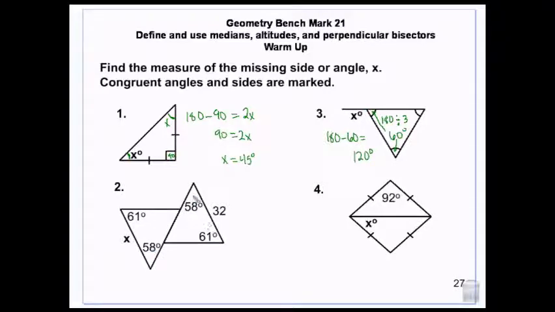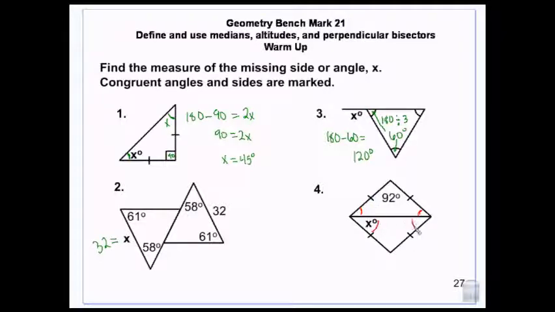Because these two angles are the same, I can go with these two sides being the same. So x is 32. And then this is one of the most complicated ones on this page. If I have these two sides the same, that makes these two angles are the same. And if these two sides are the same, these two sides are the same.